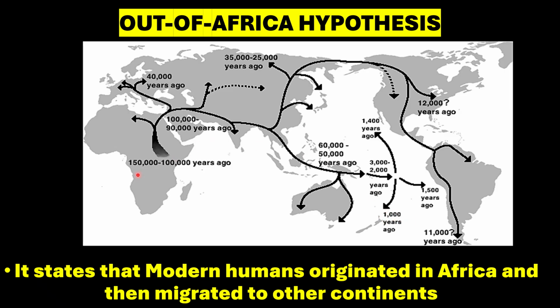So the migration began around 150,000 to 100,000 years ago, and some actually migrated to some parts of Australasia much later, as near as 1,400 years ago.